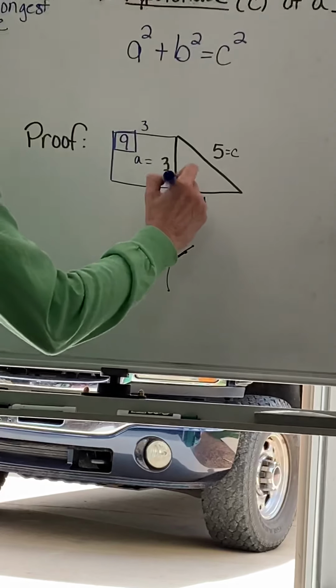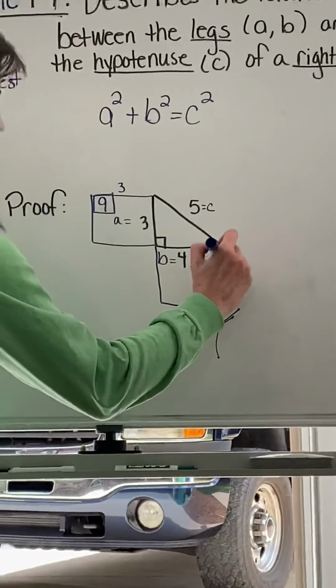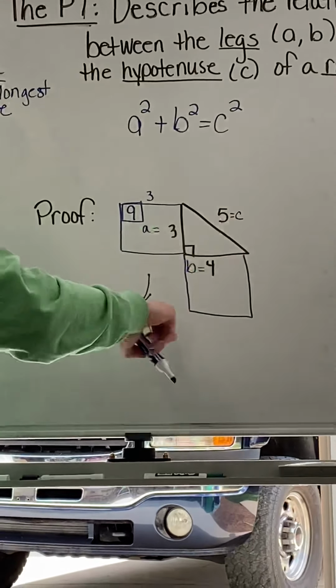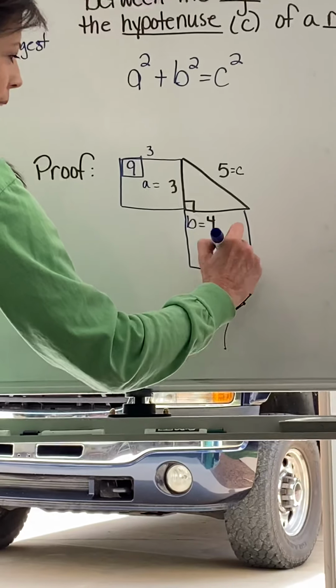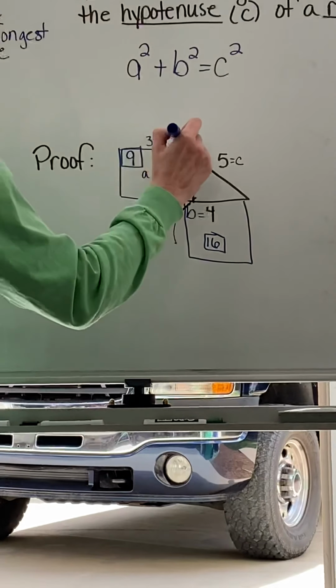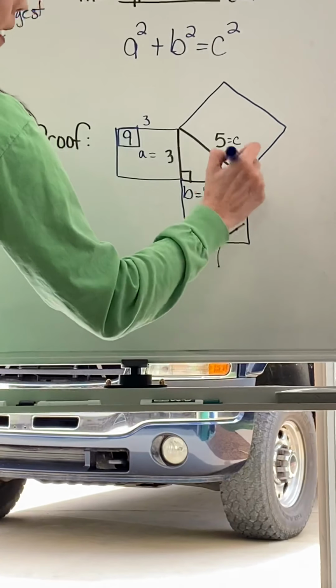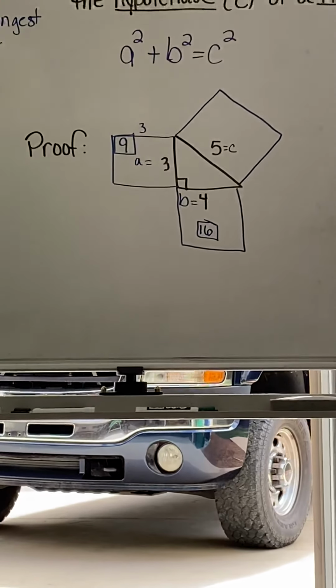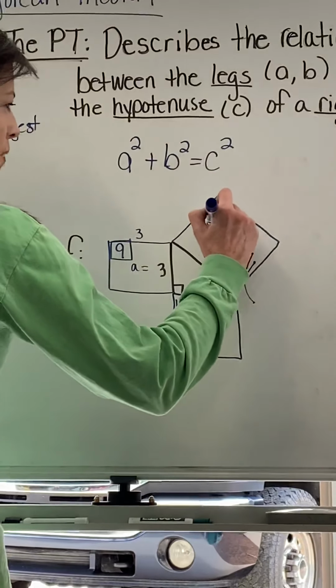If you draw a square off of this side, if this is 4, then all the sides would be 4, and the area of that square would be 16. And then if you draw a square off of this side, and all of the sides of that square are 5, then the area of this square is going to be 25.